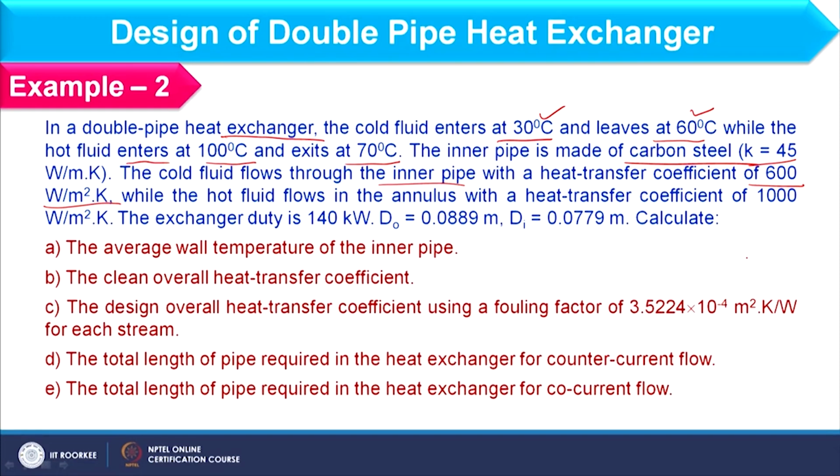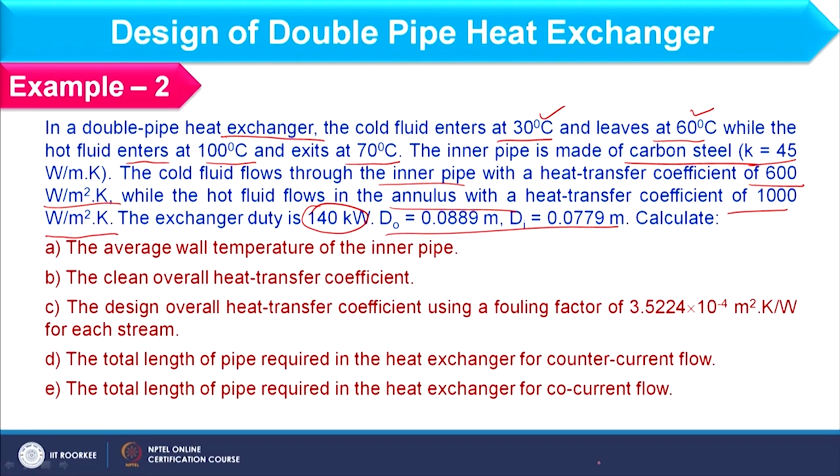So, here you are already given the heat transfer coefficient value of the inner fluid, while the hot fluid flows in the annulus of the double pipe heat exchanger where heat transfer coefficient is 1000 watt per meter square Kelvin. Total heat duty of the exchanger is 140 kilowatt, and here you are given DO and DI as these values.